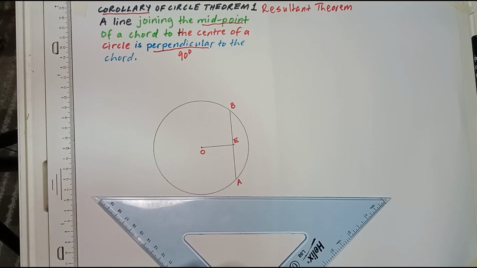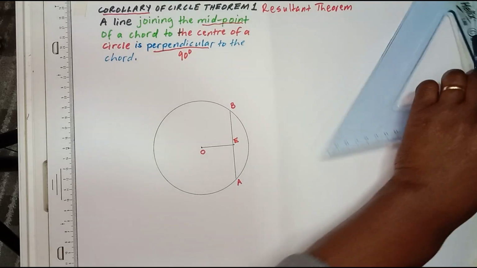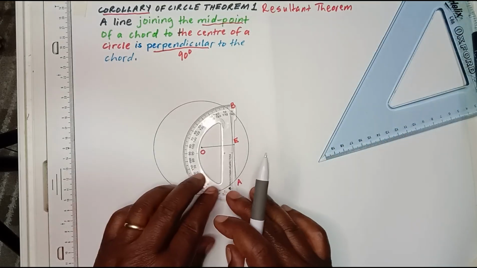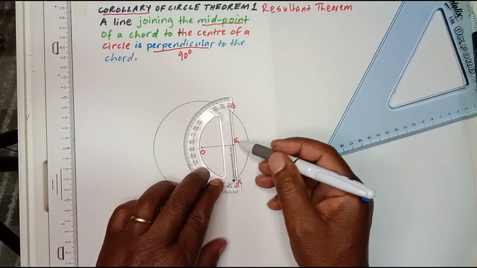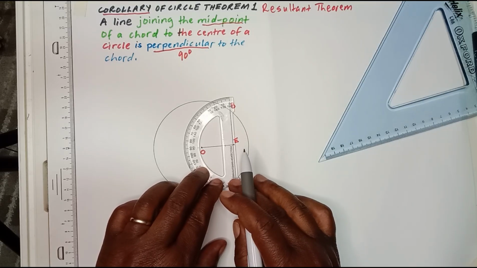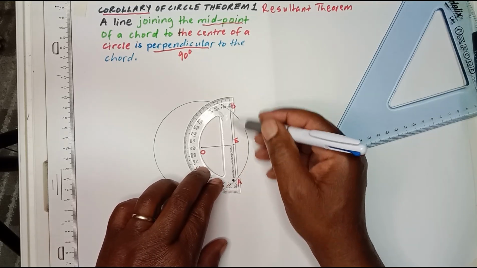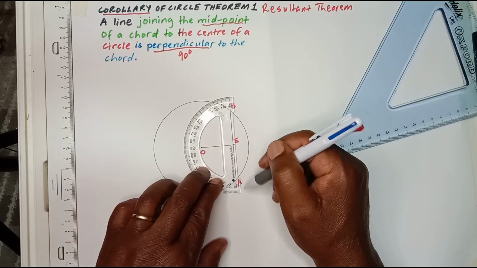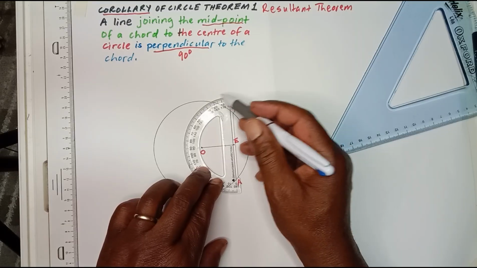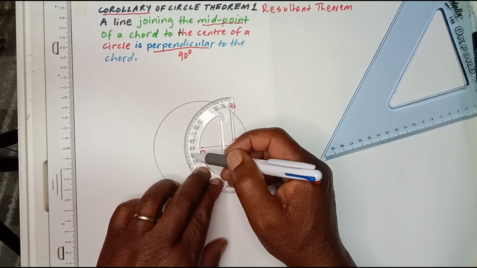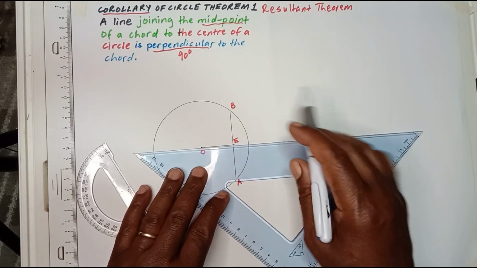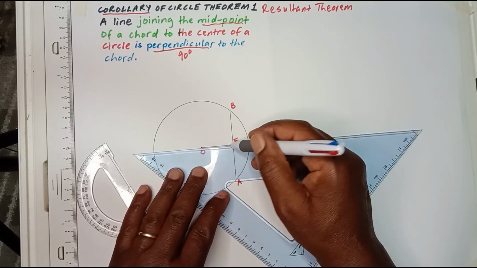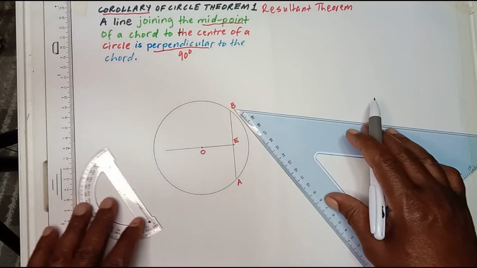Now, this we can verify with a protractor. Placing the center of the protractor at E and lining up the baseline of the protractor with line AB, we can see that the angle is 90 degrees. Let us extend this line so that the reading is accurate.